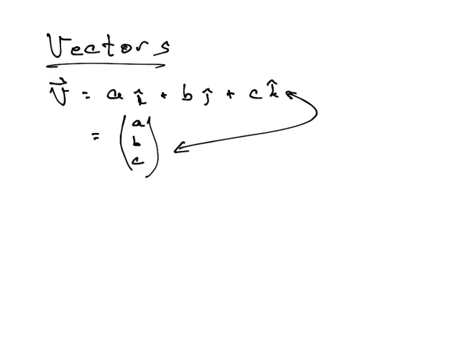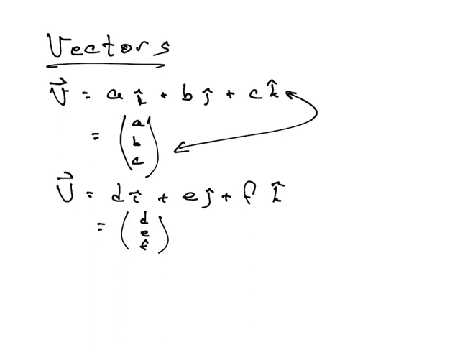And so, if we have two vectors, v and u, let's say u is d in the i direction, e in the j direction, and f in the k direction, well, we can rewrite that as d, e, f, like this. And so, if we want to add two vectors, v plus u, that's the same as saying I want to add a, b, c, plus d, e, f.